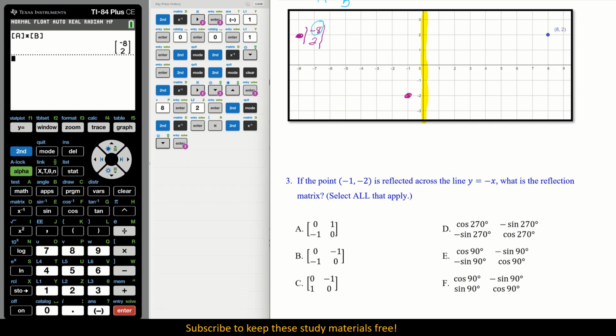Select all that apply. So what we have is a line going down, negative, just like that. If we reflect this point, it will be over here. It will instead be -2 and 1. Yes.